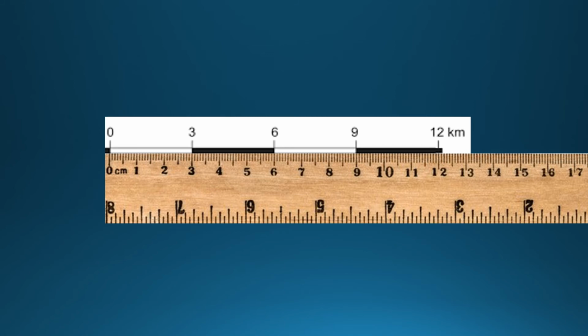Now, when we do our measurement, we realize that the distance between the 0 and the 3 kilometers on the linear scale is approximately 3 centimeters. Which means our statement should read 3 centimeters to 3 kilometers. And that's how we convert our linear scale into a statement scale.